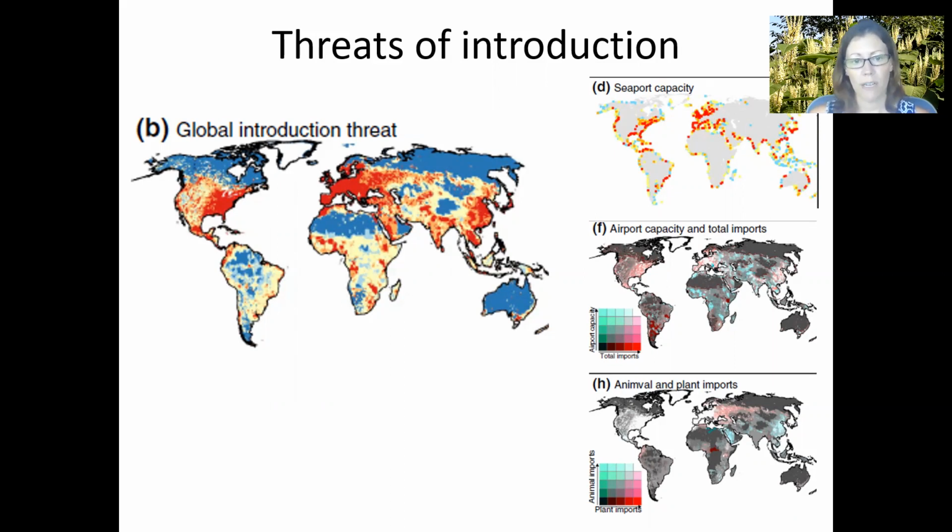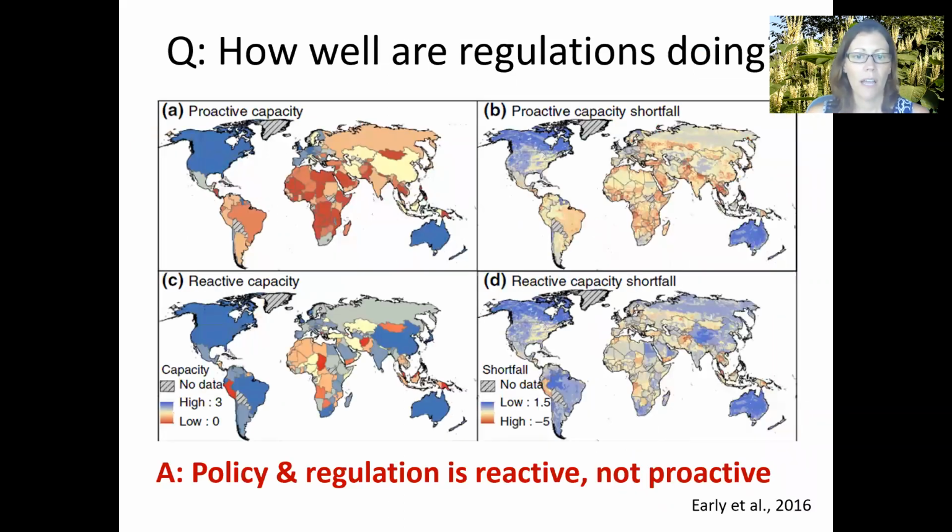So pretty high threat in large areas of the world. And then the challenge is that we tend to be very reactive in our regulations. So the capacity shortfalls, I guess, are the ones to look at. So B and D over here.